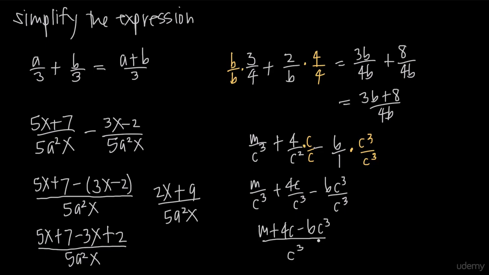And we don't have any like terms that we can combine because m is obviously going to be different than our terms involving c. And here we have c to the first power and c to the third power. And when we have addition or subtraction of these terms, the base and the power have to be the same. The bases are the same, they're both c, but the powers are different. This is c to the first power, this is c to the third power. So we can't combine any like terms, and that'll be our final answer. So that's how you deal with addition and subtraction of rational expressions.